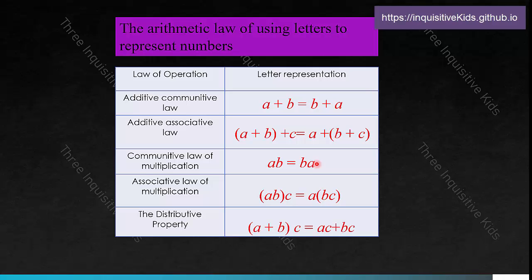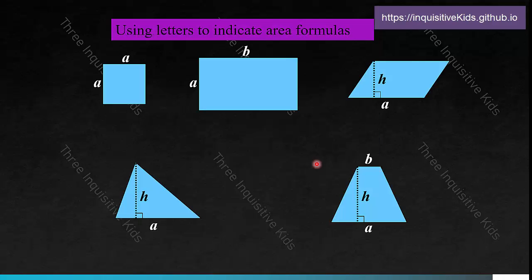And then finally, the distributive property. The sum of A plus B times C is equal to AC plus BC. You memorize them? Good, because we're going to be using them quite a lot during this unit.